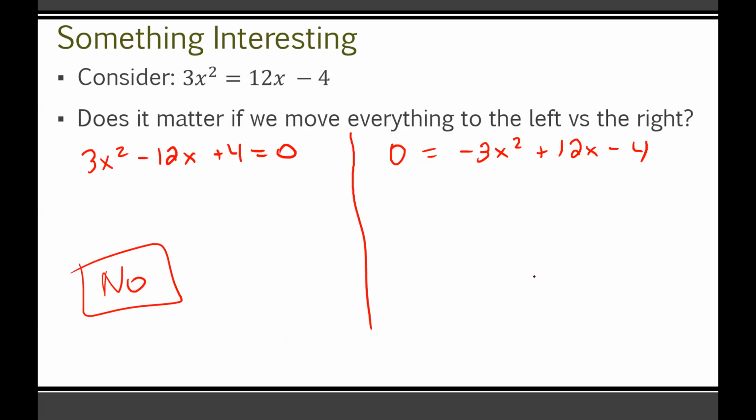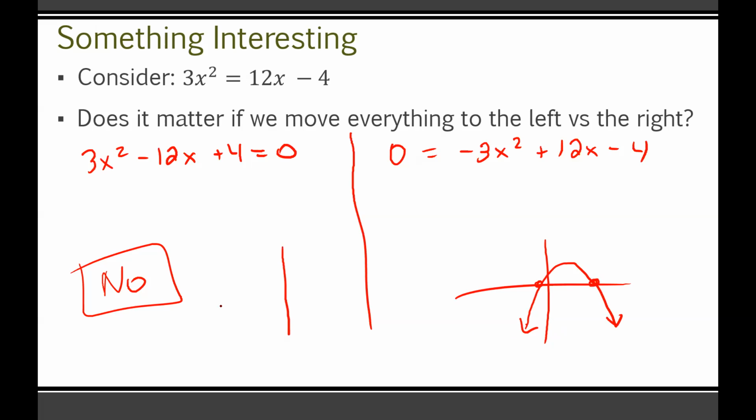Now, I don't actually have a graph of this in front of me, so I don't even know what the vertex of this is. I mean, I guess I could calculate it, but I would assume that this one on the right probably looks something along the lines of this, I'm guessing. Again, I'm just completely freehanding this. I have no idea what it looks like. But let's say its x-intercepts are here and here.